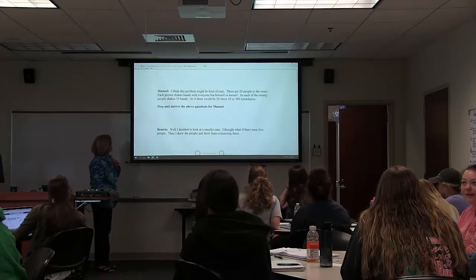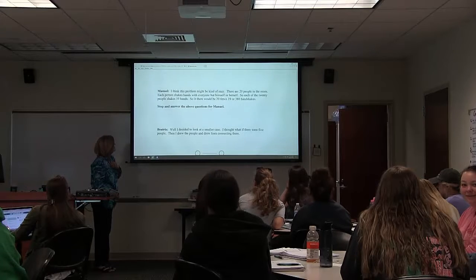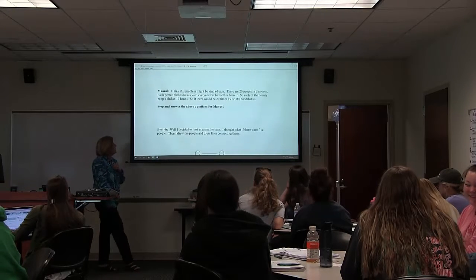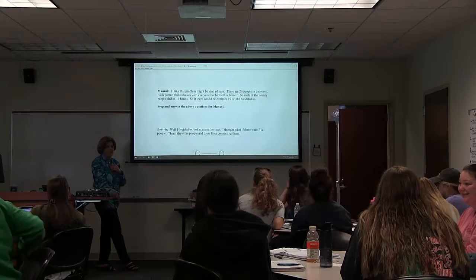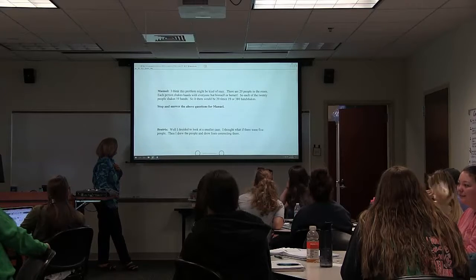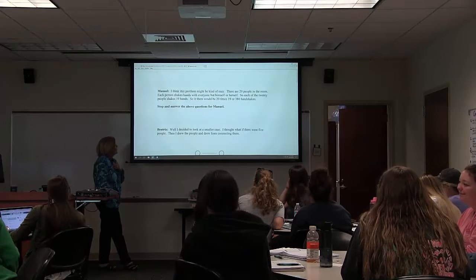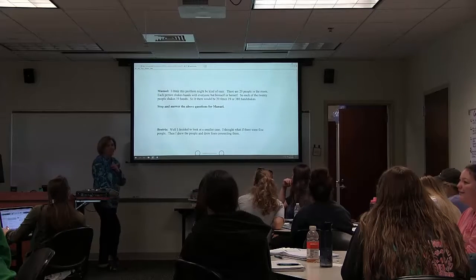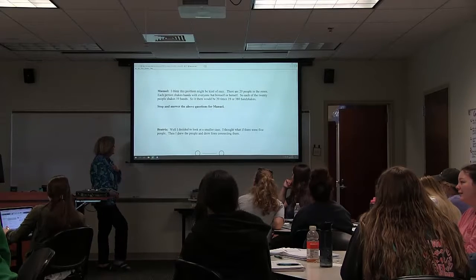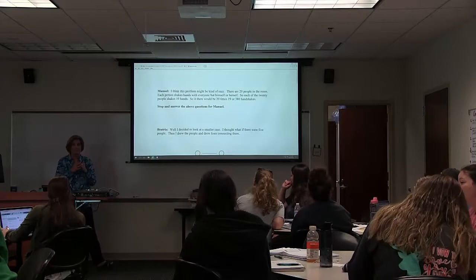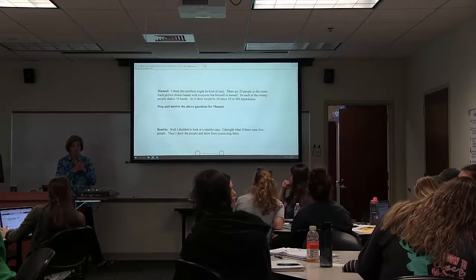There are 20 people in the room. Each person shakes hands with everyone but himself or herself. So each of the 20 people shakes 19 hands. So it would be 20 times 19, or 380 handshakes. Okay, what do you think? That's incorrect. Okay.